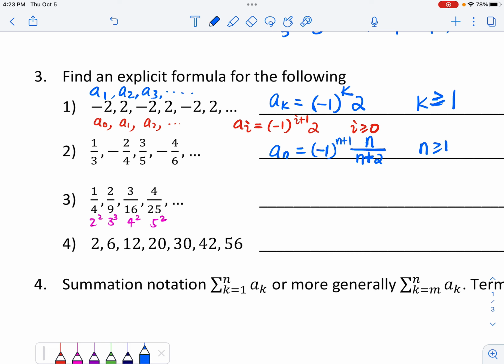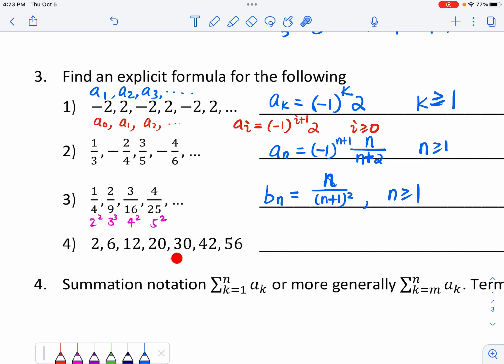So with that, do I have to use a? I don't have to use a. I can use b, b_n. And this is going to be n over (n plus 1) squared, where n is greater than or equal to 1. So these are the ones where we can find an explicit formula just by observation.